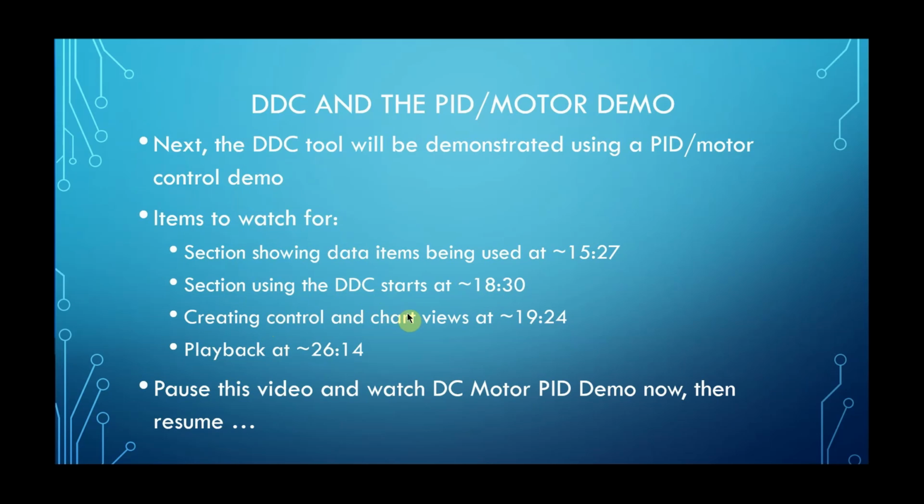We're creating control and chart views at 1924. And then we're looking at playback capability in the DDC at 2614. The rest of this demo is interesting. You're welcome to watch the entire demo, but for this review, those are the sections that are germane. So we can pause this video and then resume after we've watched it.